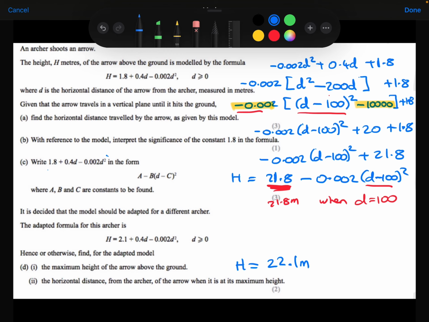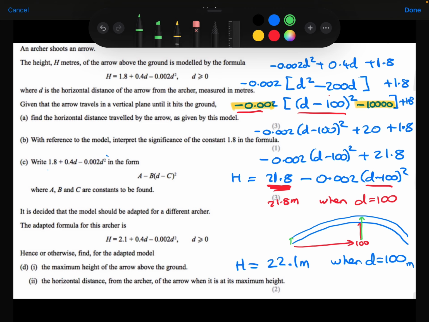And that's going to happen when d equals 100, because, like I say, they're both following the same trajectory. So when the horizontal distance is 100 metres, that's the point where they will both have their maximum height. It's just one will be 30 centimetres bigger than the other one because it started from 30 centimetres higher.